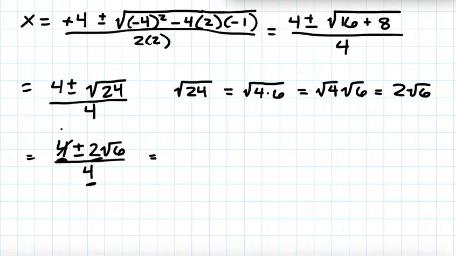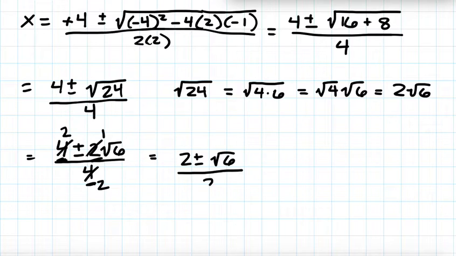They can all be divided by 2. So the 4s, I'm going to divide by 2 and get 2. The 2, I'm going to divide by 2 and get 1. So this is going to be 2 plus or minus 1 times square root of 6, I can just write as square root of 6 and then put a 2 on the bottom. So this is the answer.